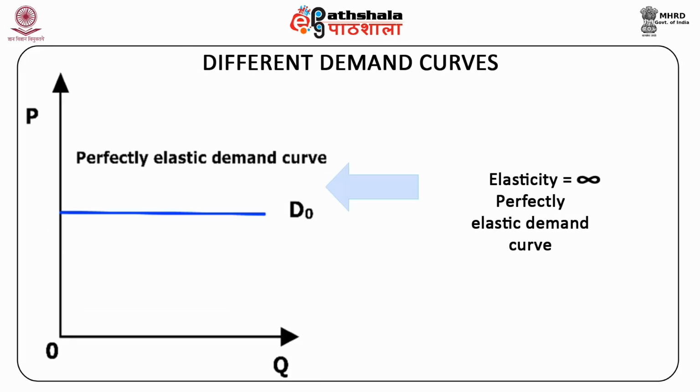Infinite elasticity implies that the quantity demanded is highly responsive to a change in the price. That is, even with a very little price change, the change in quantity demanded is huge. In such a case, the demand curve is said to be perfectly elastic.